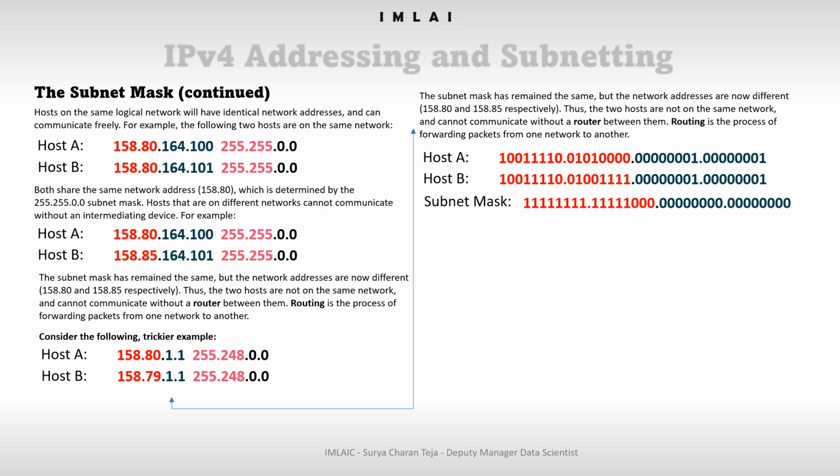If they are in the same network, you do not require a router to communicate with each other. That's how it works if you create instances, which we will do in Kubernetes.